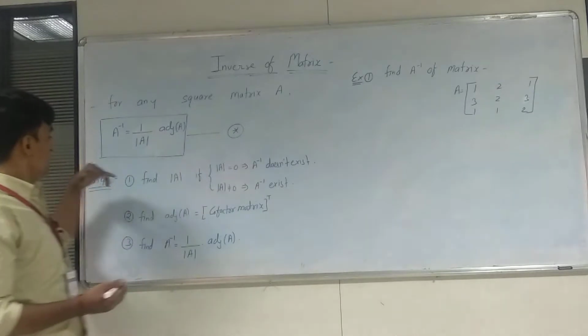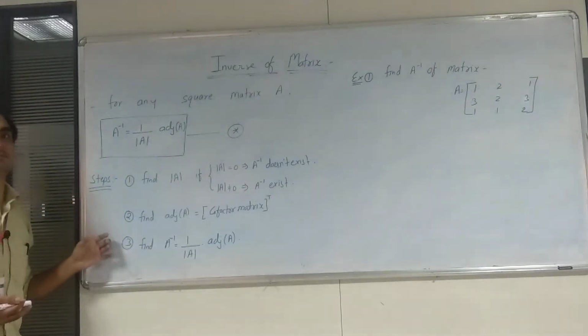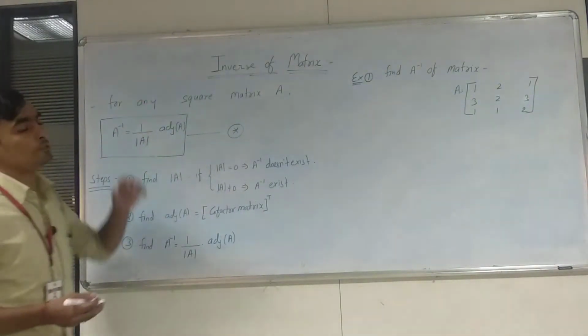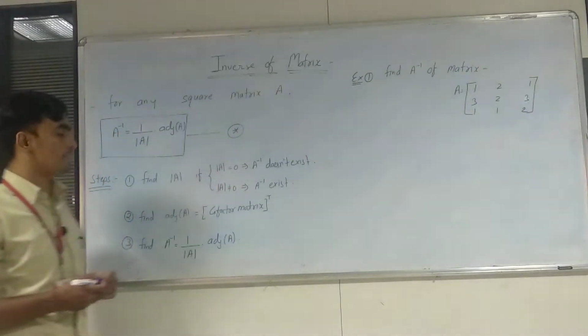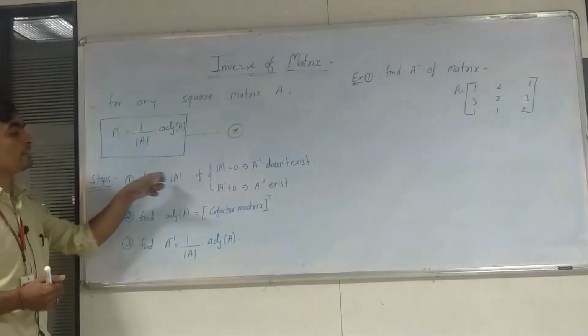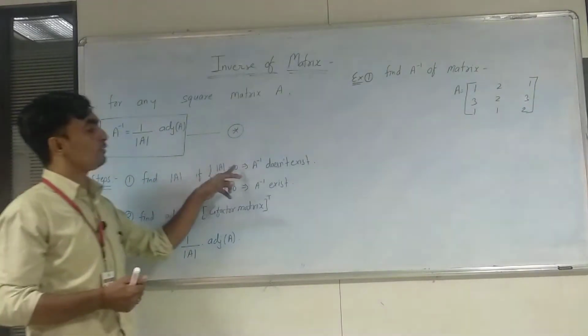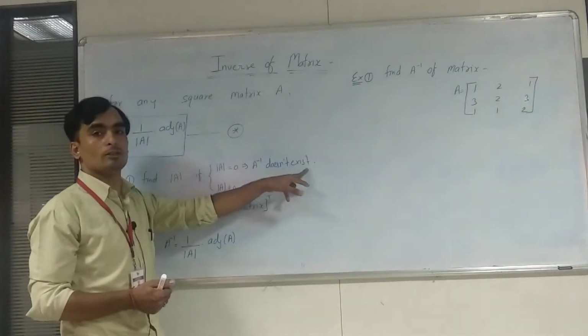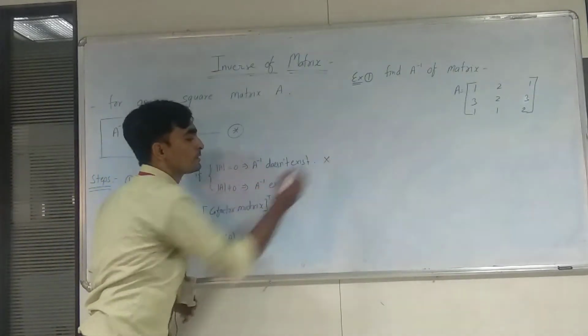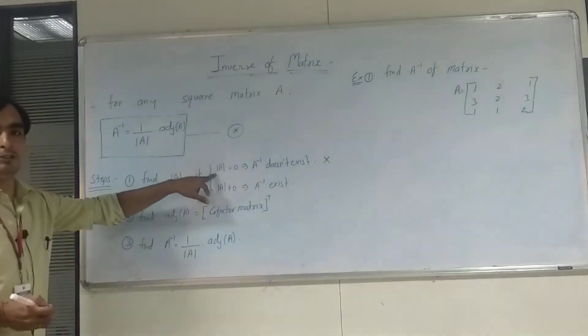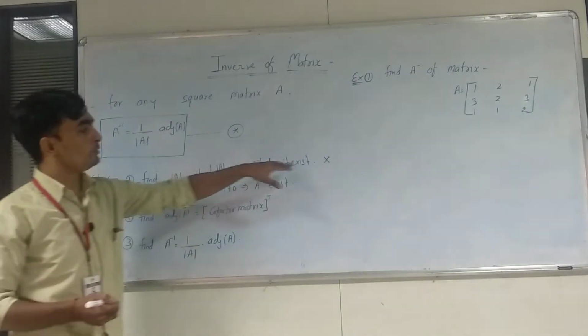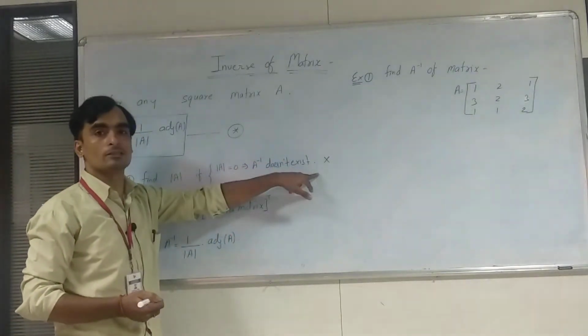Now we follow these three steps to find the inverse of any square matrix. First step is to find the determinant of A. Here we have two possibilities. If determinant of A equals 0, A inverse does not exist. This case closes here. Whenever you find determinant of A equal to 0, you directly write A inverse does not exist.